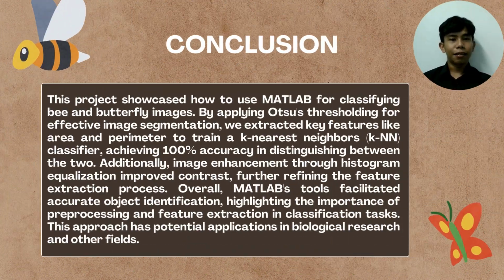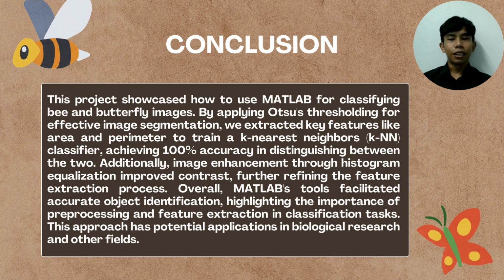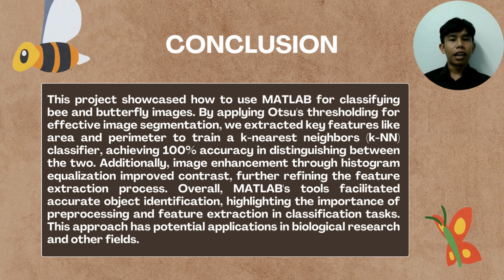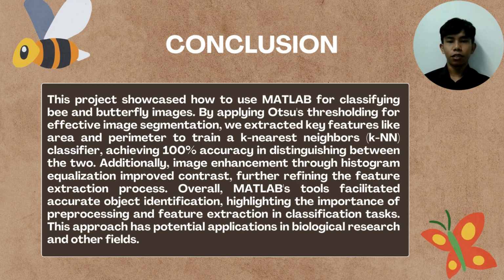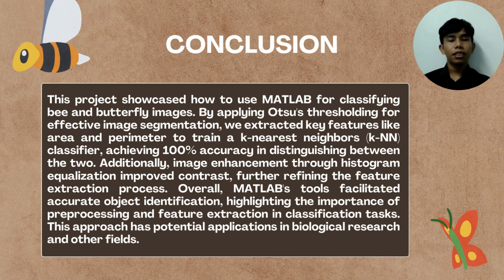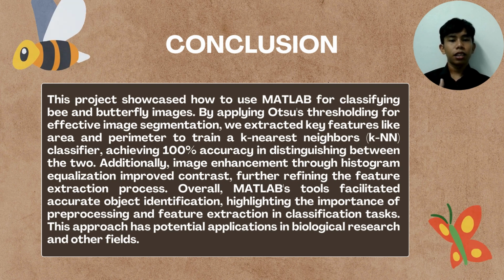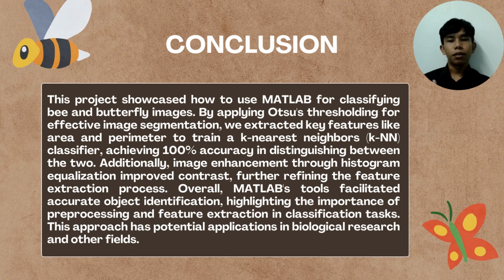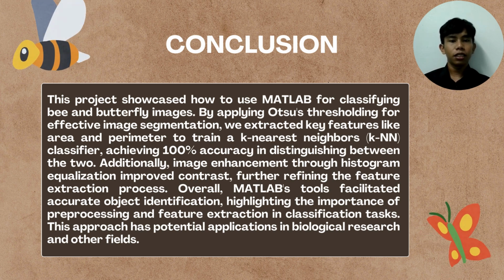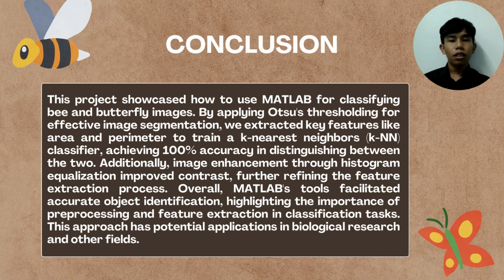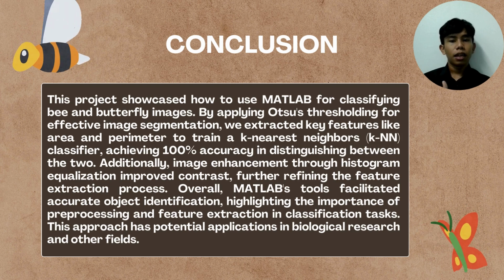Hi, I'm Mid again, and now finally, the conclusion. This project showcased how to use MATLAB for classifying bee and butterfly images. By applying thresholding for effective image segmentation, we extract key features like the area and the perimeter to train the K-nearest neighbor, the KNN classifier, achieving 100% accuracy in distinguishing between the two.